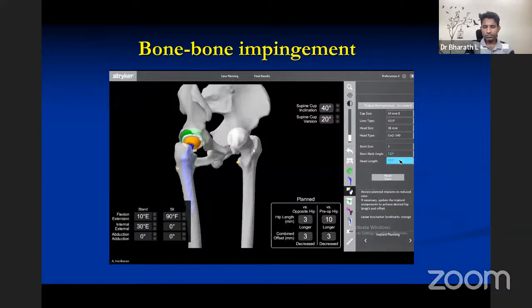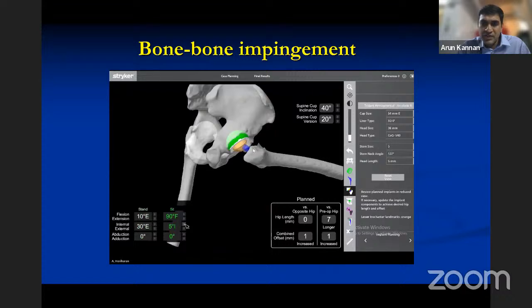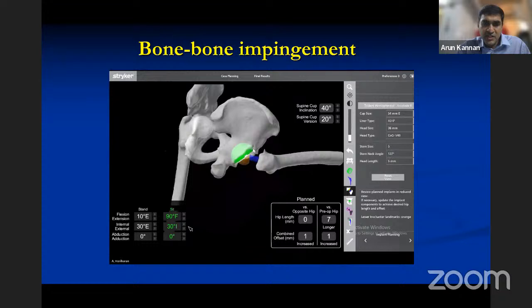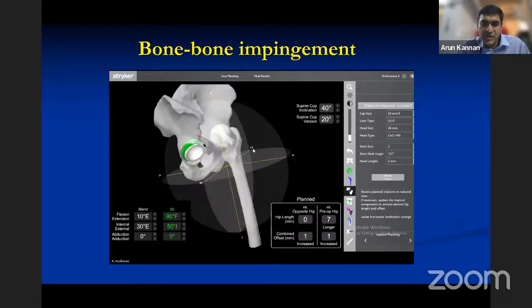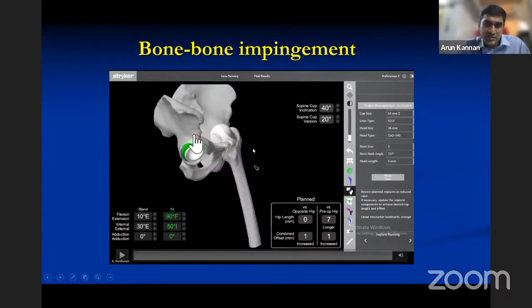Because it is not matching the length and offset, first we equalize the offset and length with the 127. So now when we put it into flexion and internal rotation, at 50 degrees of internal rotation and 90 flexion, you can see that the impingement is on the AIIS. This means the GT is going and hitting against the AIIS. This is external impingement or bone-on-bone impingement.